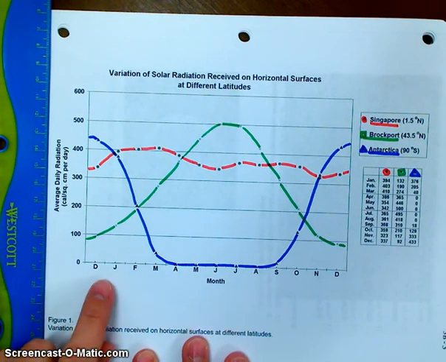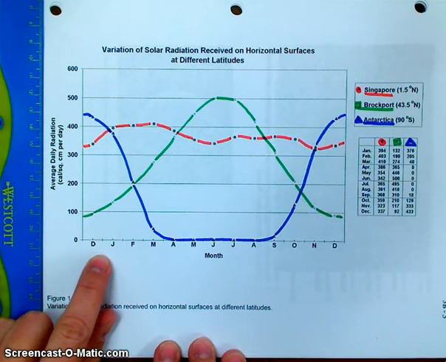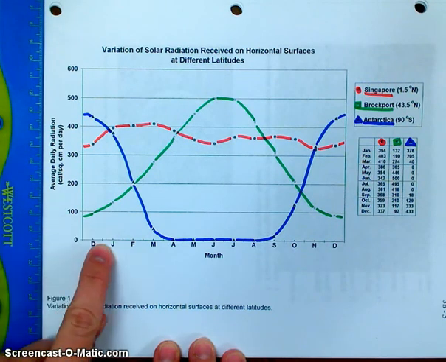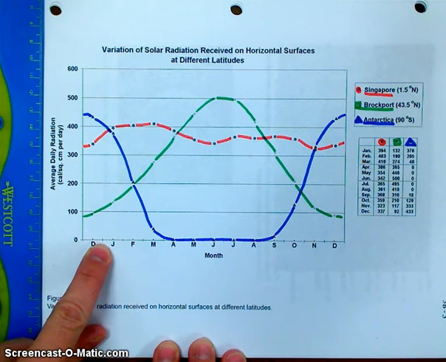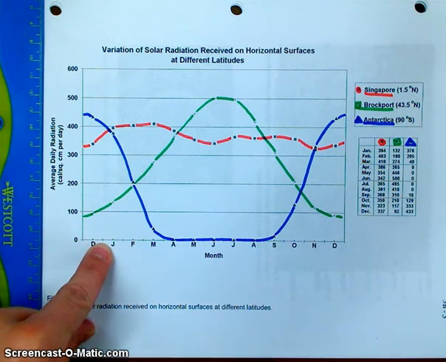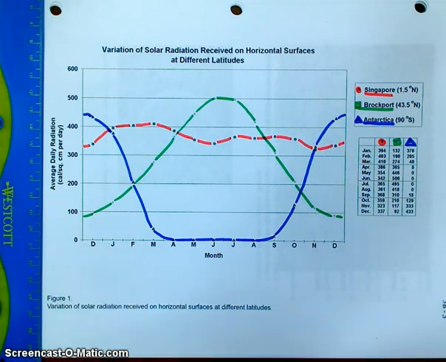dates. Remember again that the larger dash indicates the middle of the month. Sorry, I think the larger dash is, let's see, I can't remember. Longer marks represent the first day of the month.